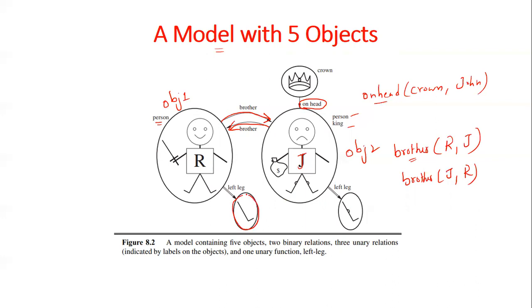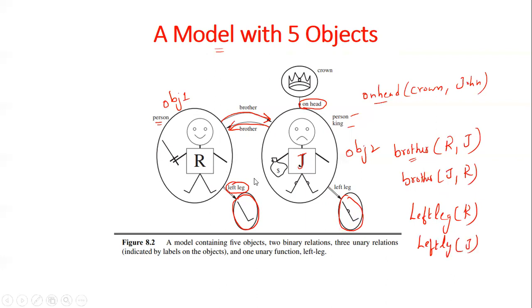Now how do we represent this left leg? For that we are using a function. So left leg of R represents Richard's left leg. Similarly, John will also have a left leg. So left leg of John represents John's left leg.